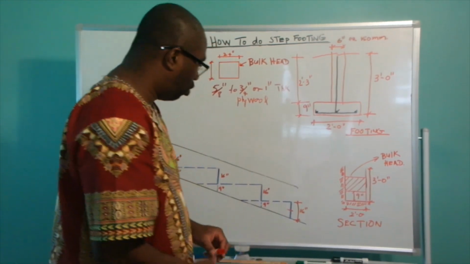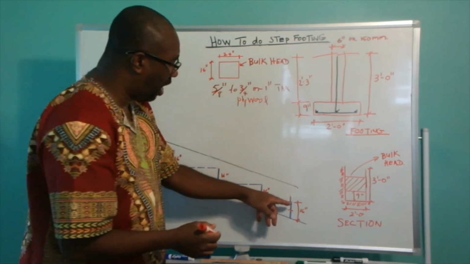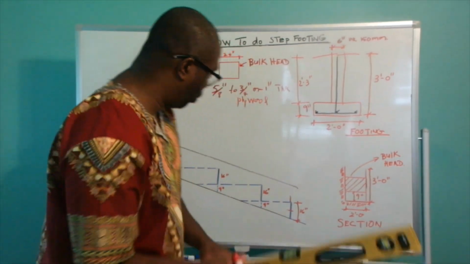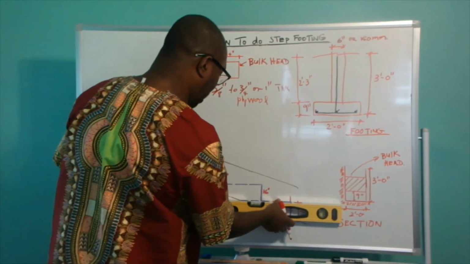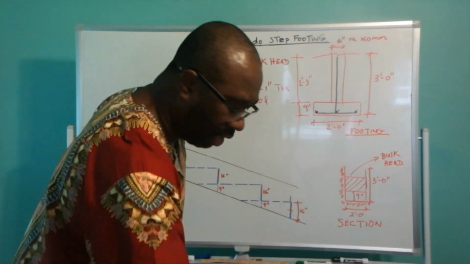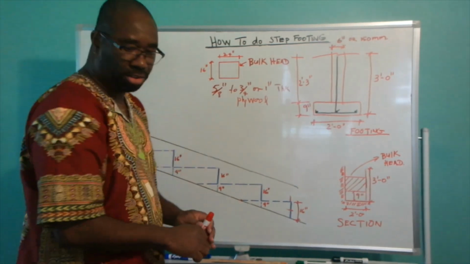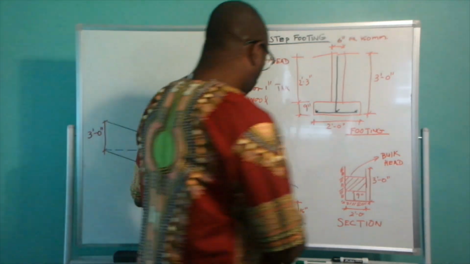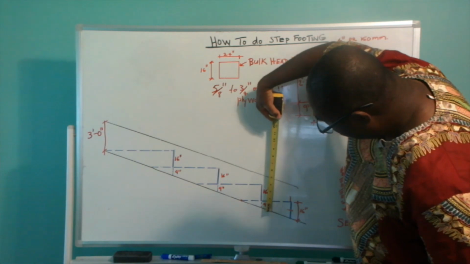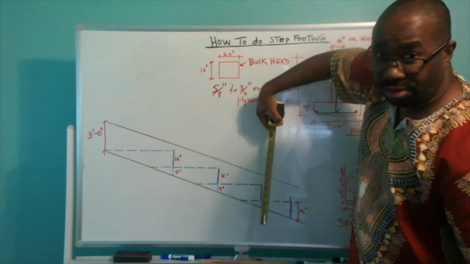Then you're going to put a nail here, or you could have someone hold the car line on top of the bulkhead here, and then you're going to level this line, right? Ensure that this line is level, right? And it's leveled right back to the slope of the land, right? So after you have done that, you're going to take the tape measure and you're going to measure the vertical distance below the level line, and anywhere you get your 9 inches, that is where you're going to step the foundation.